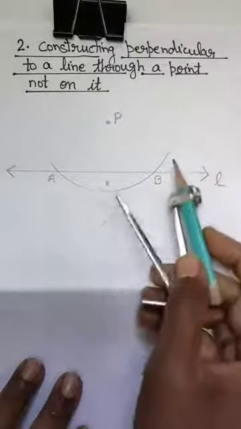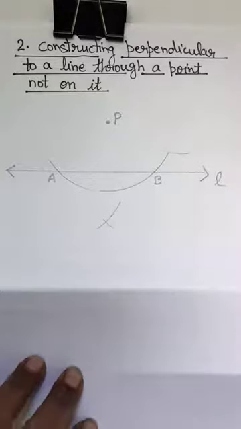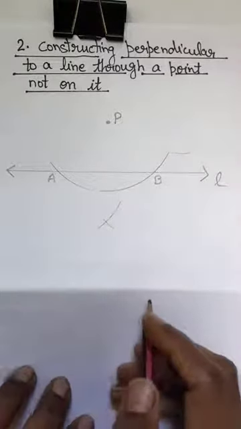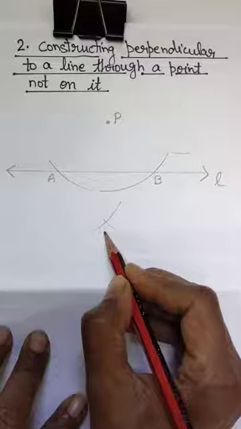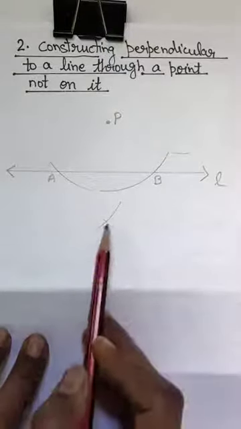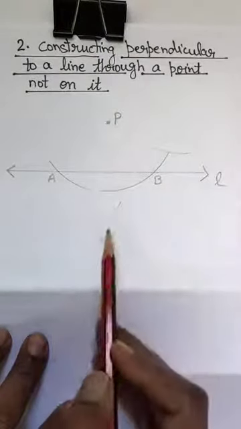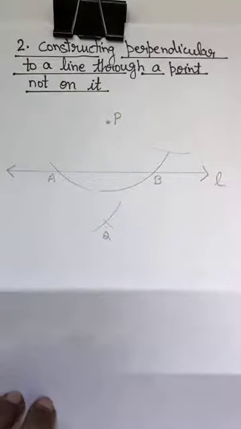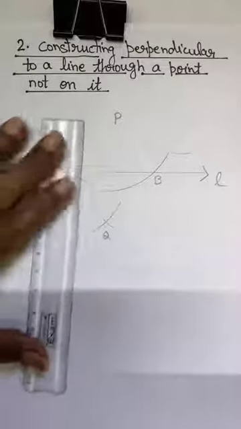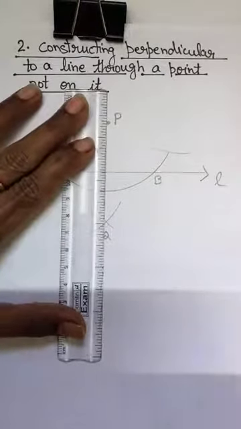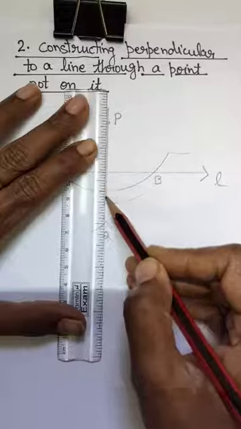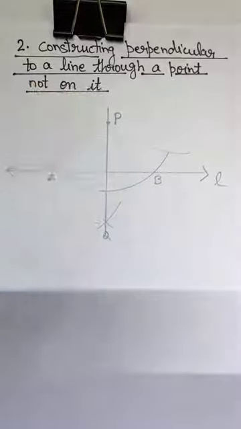One arc from A and one arc from B which cut the previous arc. Okay. Give it the name Q. Remember, you will draw this arc on the other side of P. Join PQ. Now PQ is perpendicular to line L.